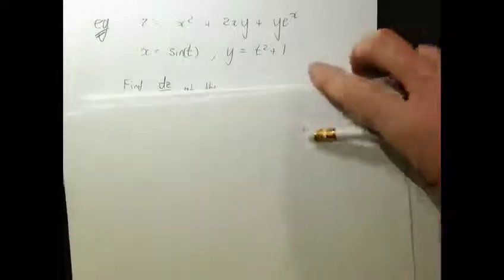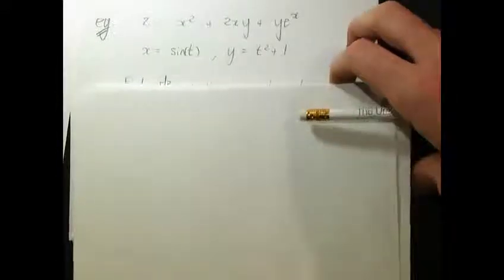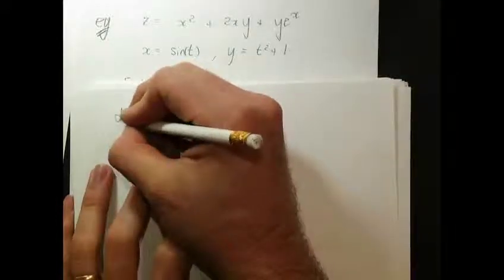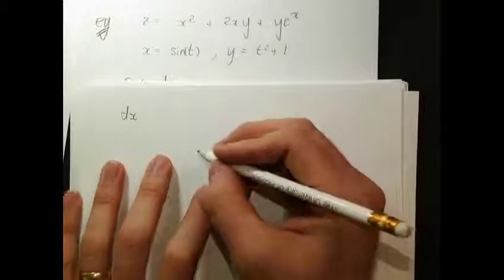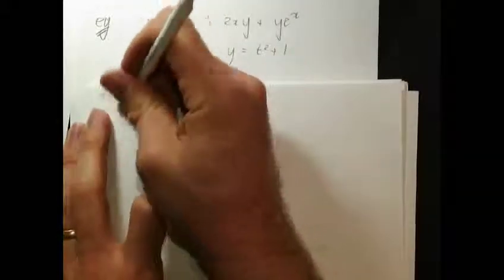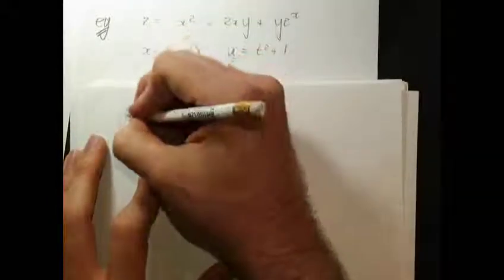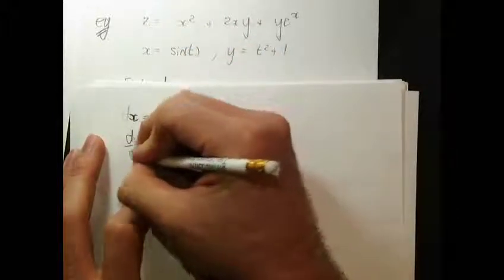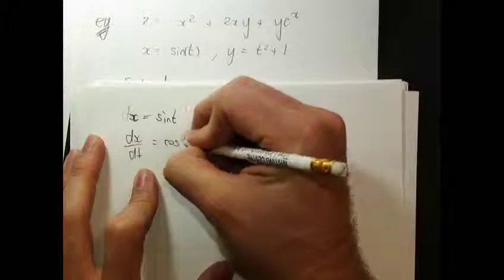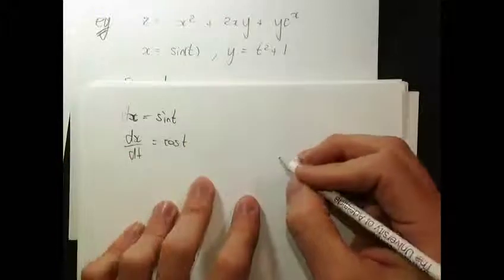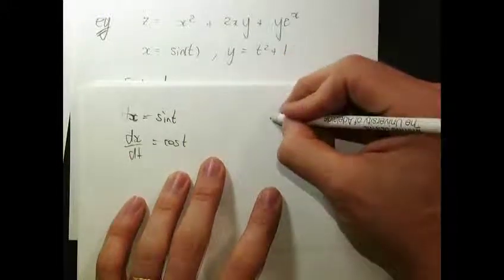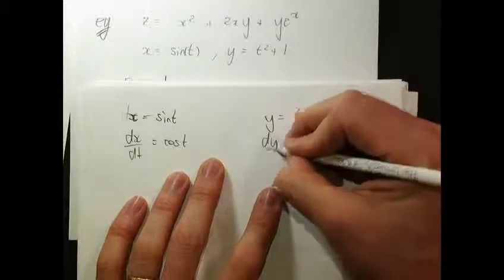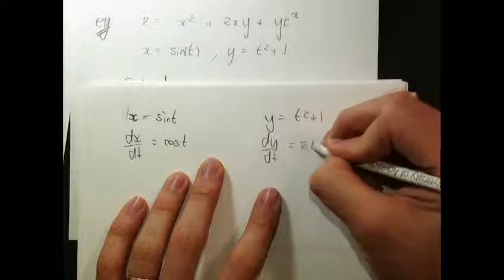I need to figure out what all of those pieces are. So I'm going to start with dx on dt and dy on dt. So x was equal to sine t. X equals sine t, so dx on dt is cos t. Cool bananas. And y is t squared plus 1, so dy on dt is 2t.